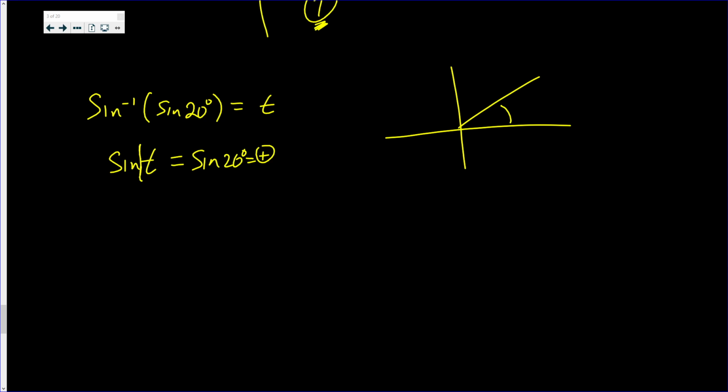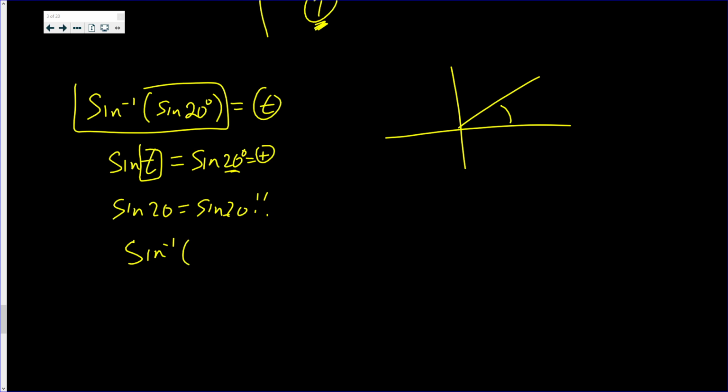That means that the angle has to be in quadrant 1. The sine of 20 degrees equals the sine of 20 degrees. So t is 20 degrees.